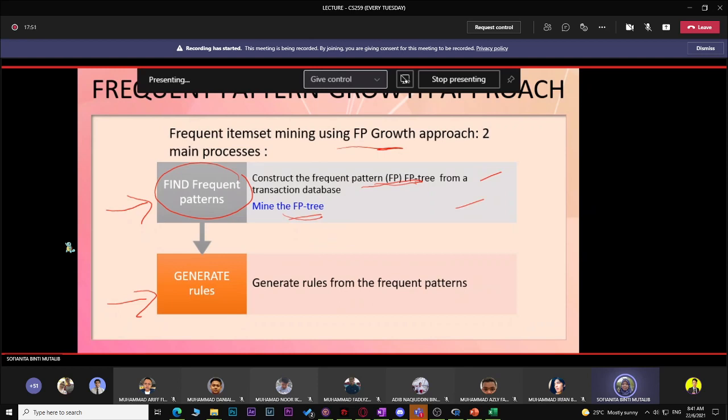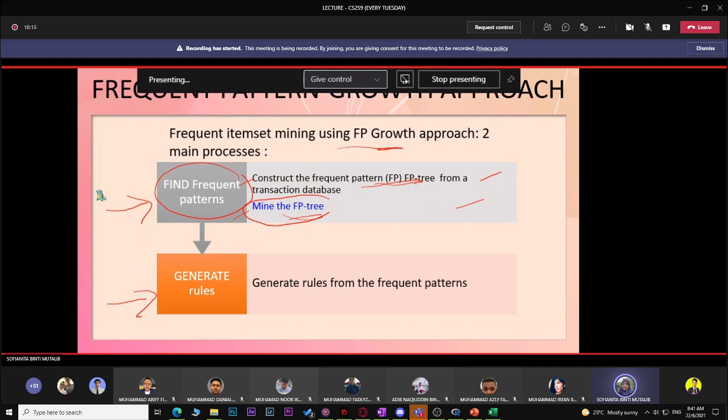Remember in Apriori, I mentioned the process is to generate the candidates and then test, and then you would have the frequent patterns or frequent item sets. So here the difference is the different sub-processes involved in frequent pattern growth.